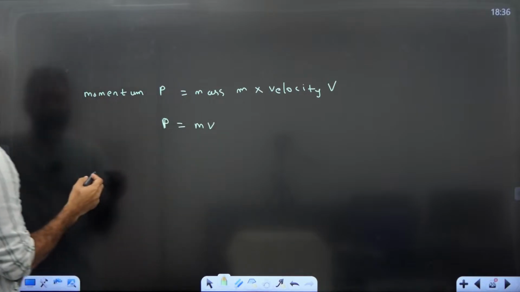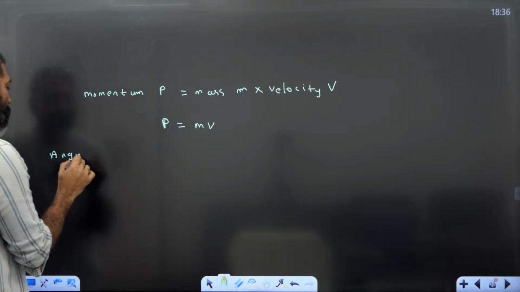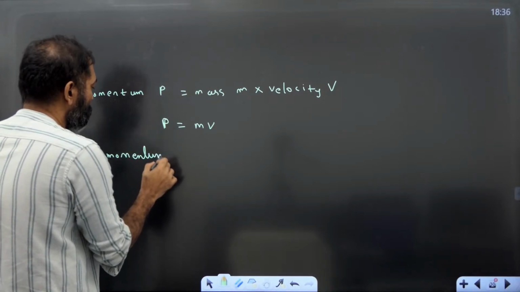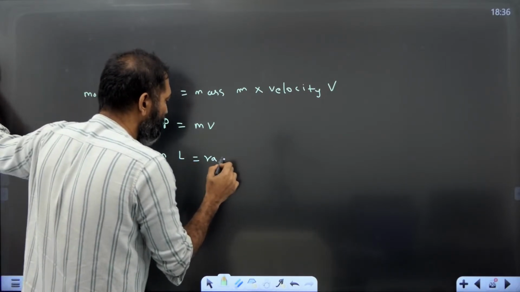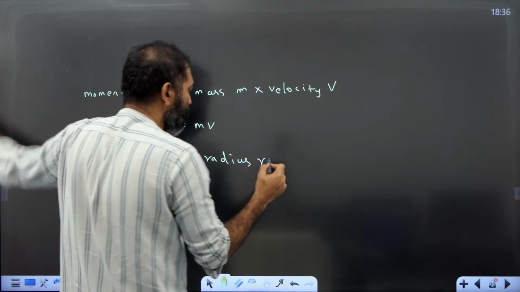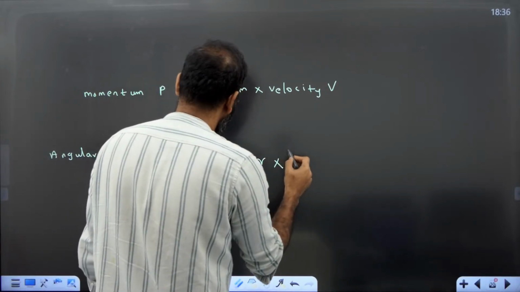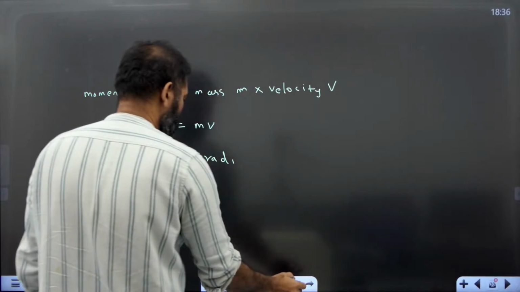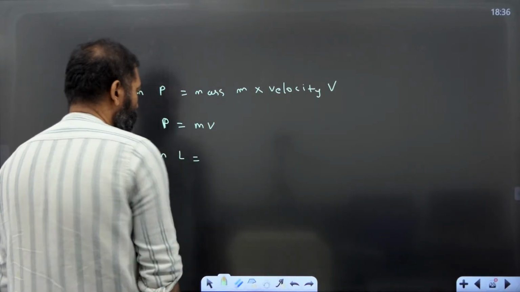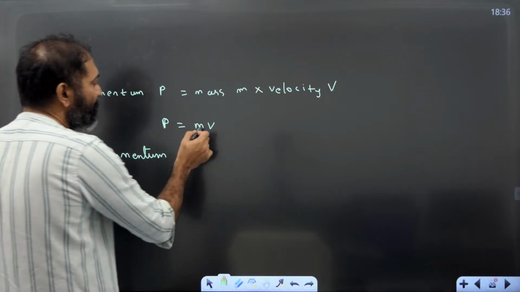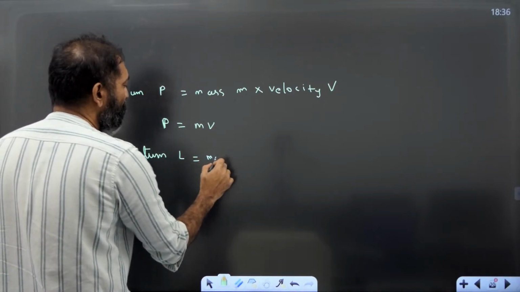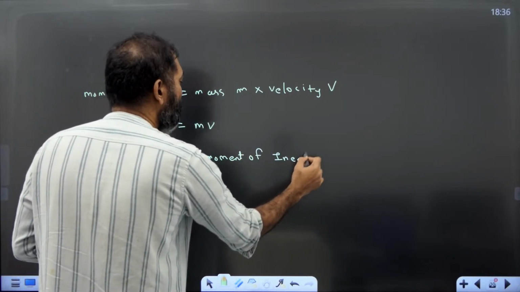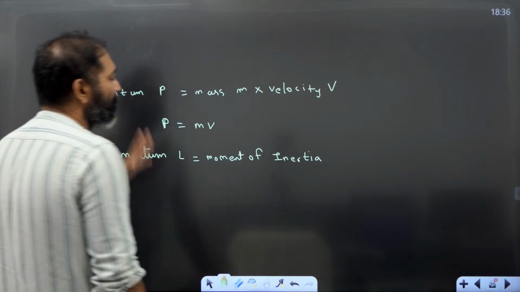Similar to that, angular momentum L equal to radius r into... angular momentum L equal to, instead of mass, I can write moment of inertia, because moment of inertia plays the same role as mass does in linear motion.